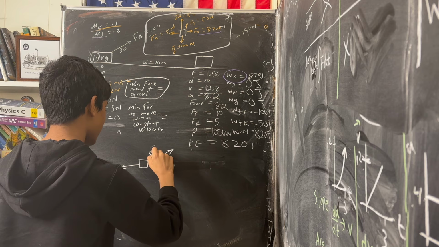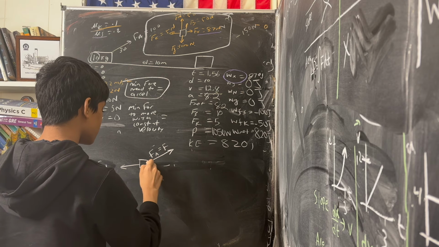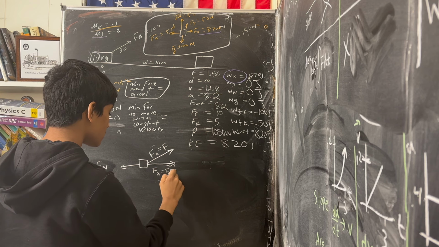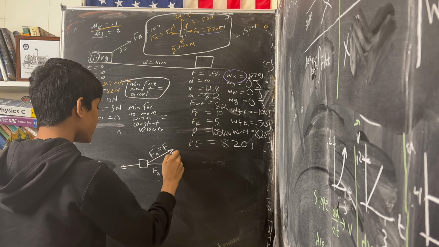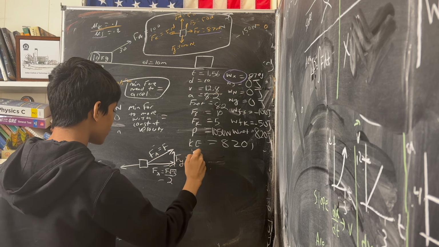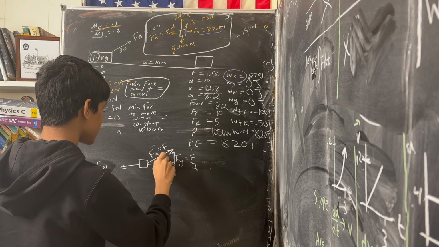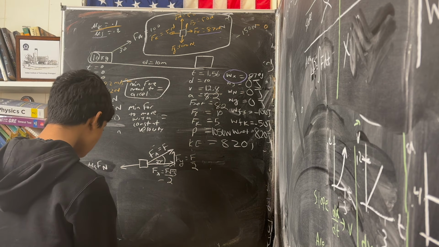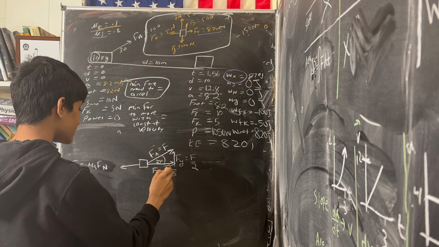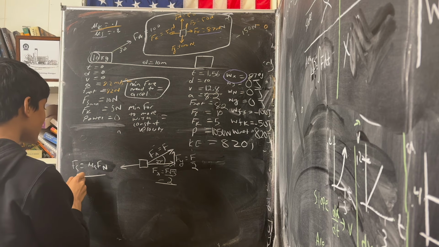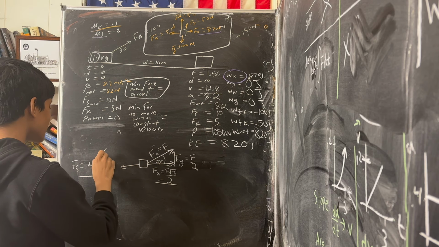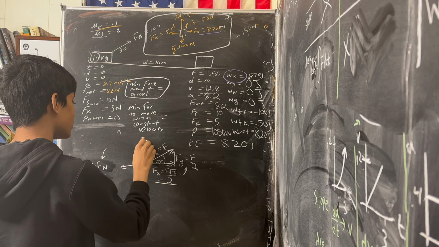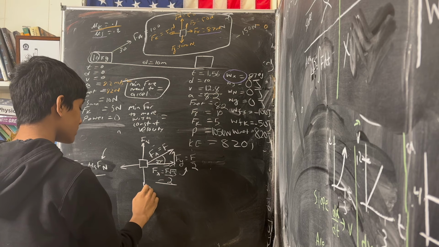The applied force F has two components, Fx, which is F root 3 over 2, and Fy, which is F over 2. These ratios are because it's at a 30-degree angle. So now what we have to do is make sure Fx is equal to Fs, but the problem is that Fs is dependent on Fy, because normally the normal force is equal to Fg, right?